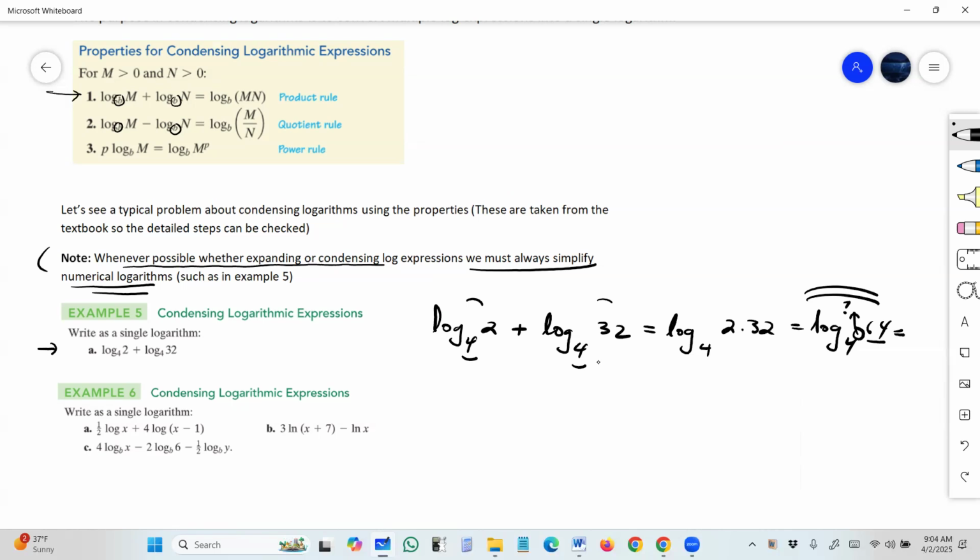Can you find such a number? Well, yeah, it's 3, right? Because 4 times 4 times 4 is 64. So this entire expression simplifies to the number 3. Okay, and if this is a question on the exam, this is exactly what you would show us on the exam. Okay, very good. So that was the first one, numerical log.